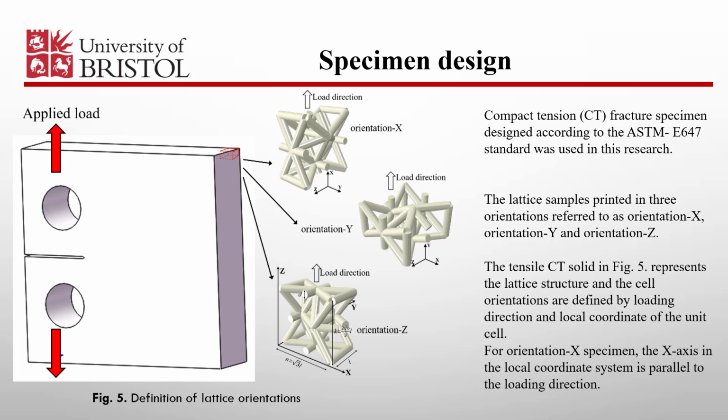The orientations of octet-truss lattices were defined based on the loading direction and the local coordinates of the unit cell. For example, the load direction of orientation X lattice is parallel to the x-axis in its local coordinate.